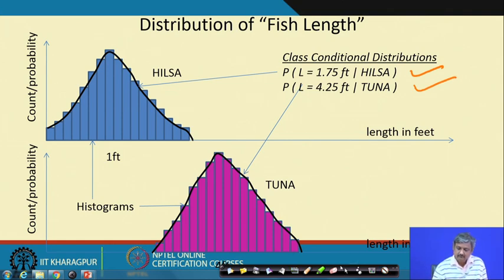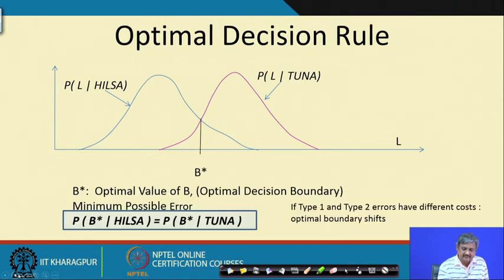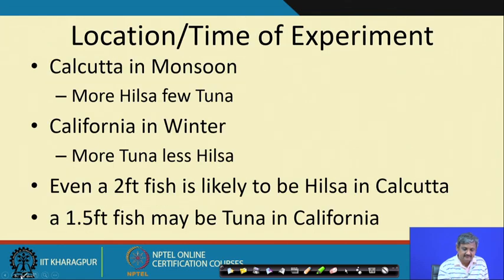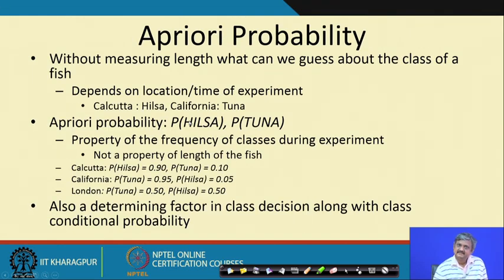Then I estimate the prior probabilities. How do I estimate the prior probability? Just count in the population how many are Hilsa, how many are tuna. That fraction is my probability.